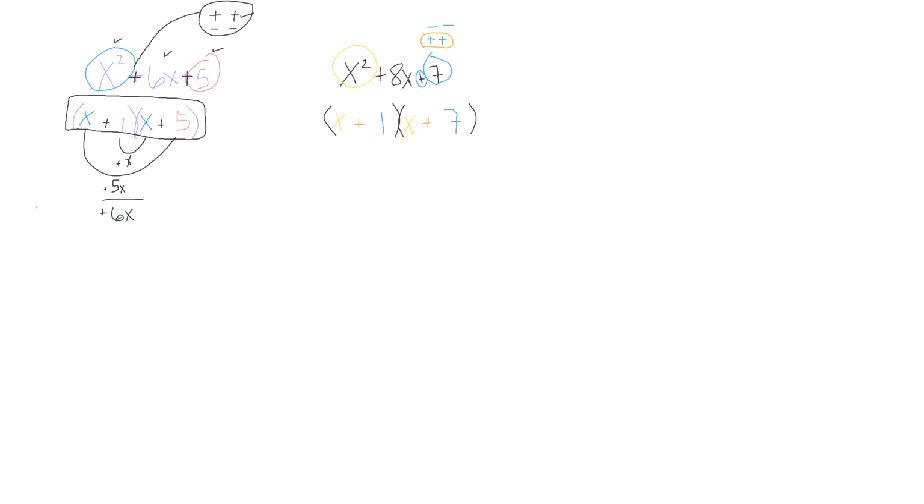So x times x, I'm good with the x squared. 7 times 1, I'm good with the 7. I just check my middles to make sure. 1 times x times 7. Together is 8x. I'm good.